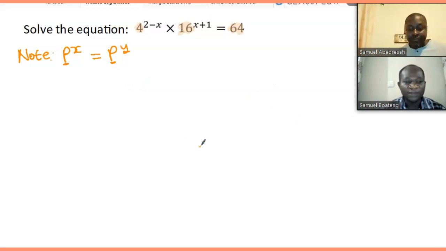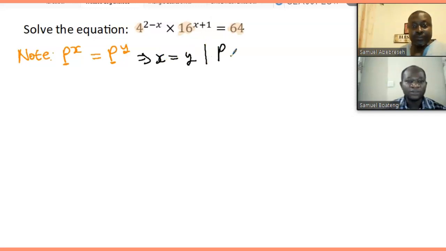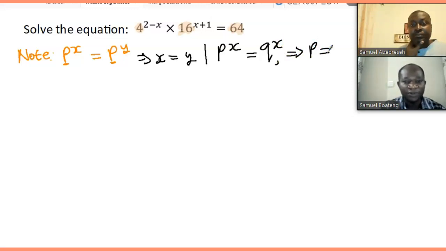So if you have this, then you equate the exponents. And then there's another concept: p to the power x is equal to q to the power x. Here the exponents are equal, so you equate the bases. These are the two main concepts that we use to solve equations which involve indices.